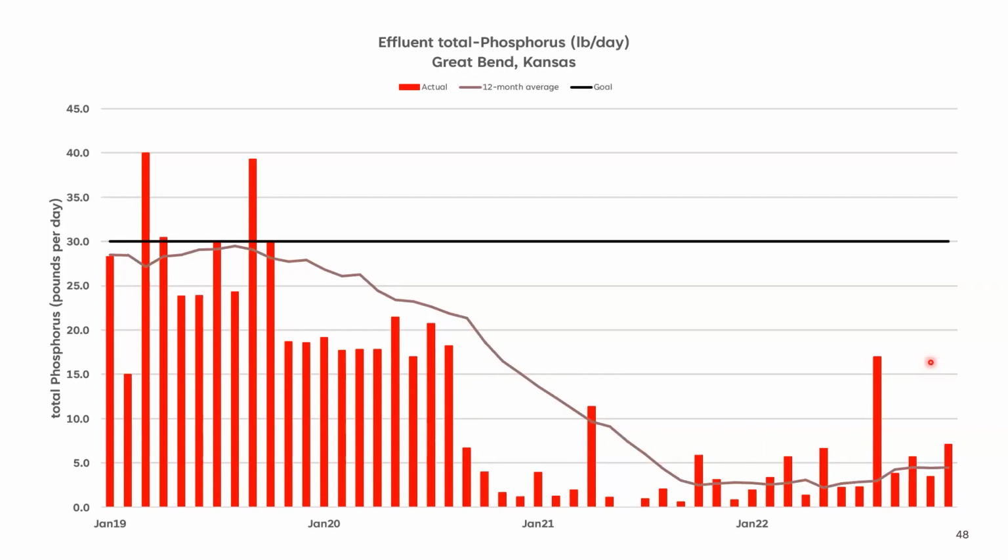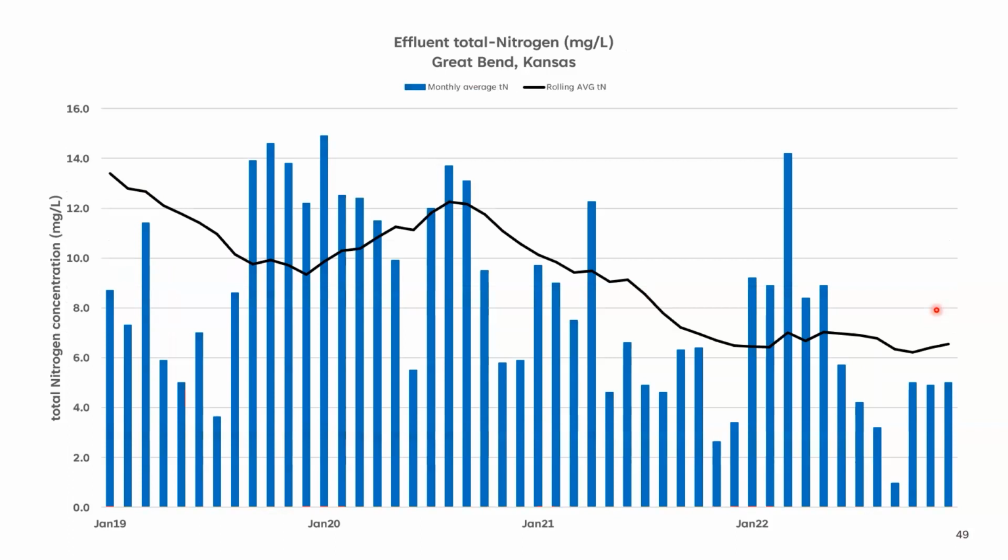Now, Great Bend, their total phosphorus, they were right at kind of their monthly average, the mass-based limit expectation before optimization, and now they're well under it. So they were looking at, well, we might need to make investment. They did nutrient optimization. They no longer need to make capital investment to meet total phosphorus goals and ultimately limits as they roll out.